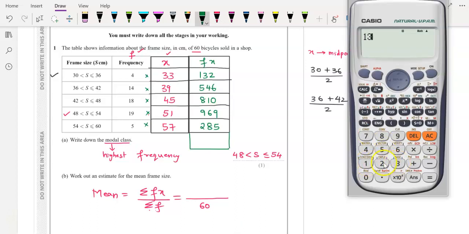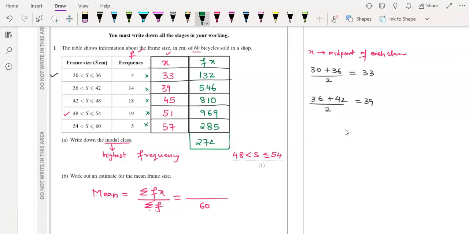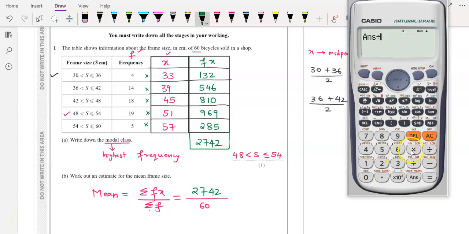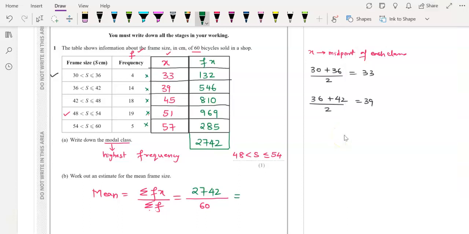So we have 132 plus 546 plus 810 plus 969 plus 285. That gives you a total of 2742. So your sigma fx is 2742. Just divide it by 60 and you get your mean. Divide by 60 and your final answer, the mean of the data, is 45.7.